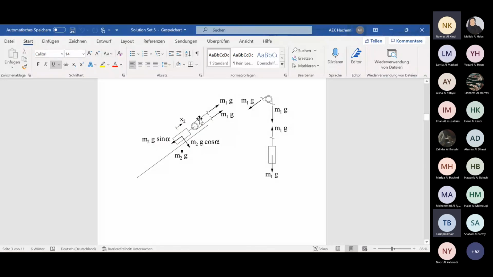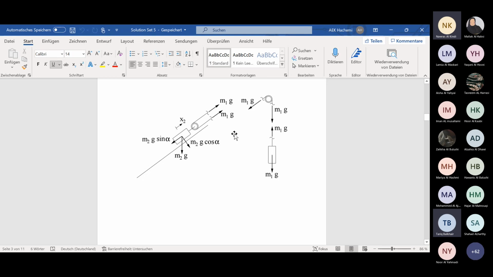In any case, we have to make a free body diagram. This is when we make the cut here on the cable. We have M1G, M1G. That means along this direction we have two times M1G, and along this direction M2G sine alpha.